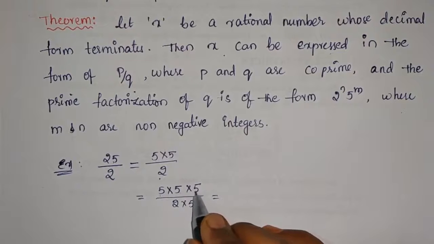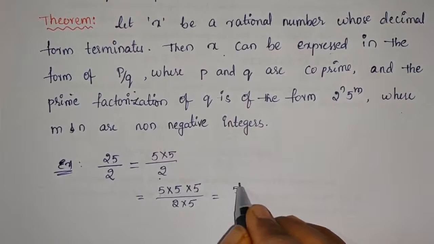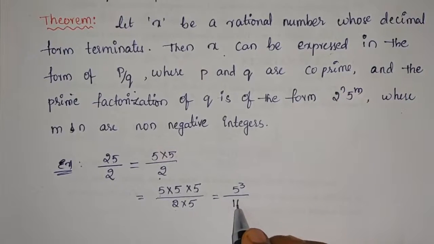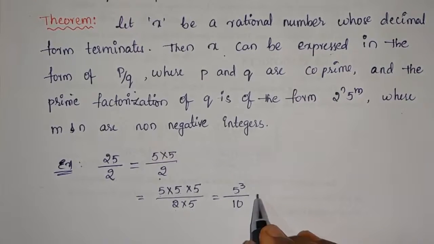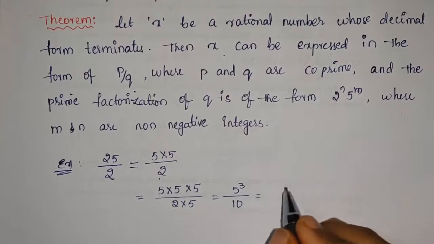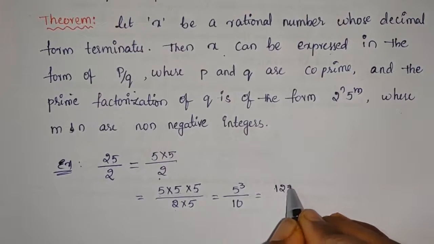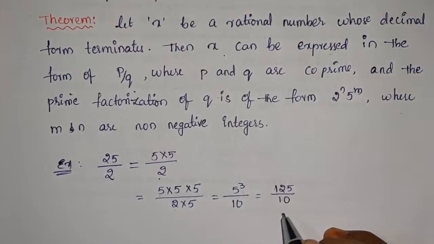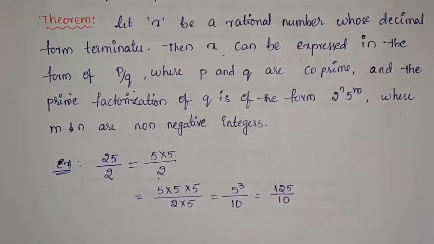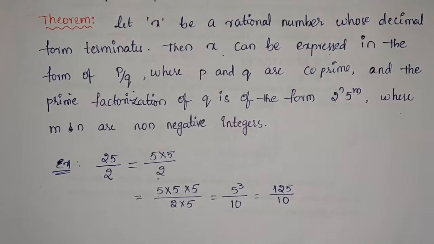Now how can we write this? 5 into 5 into 5, which is 5 cube, upon 2 into 5, which is 10. The value of 5 cube: 5 5s are 25, 25 5s are 125. So 125 upon 10. How can we write this in the decimal form? When you have 4 digits after the decimal point, you take 10 power 4 in the denominator.